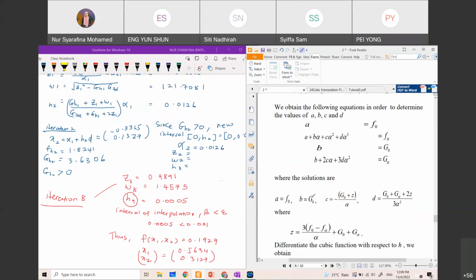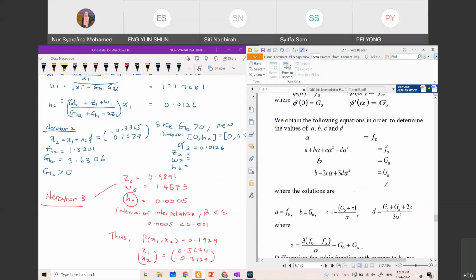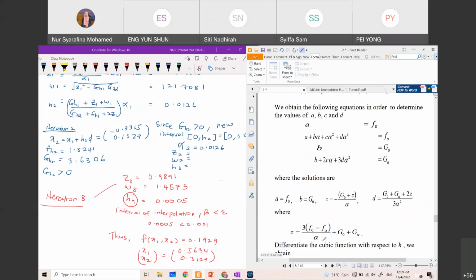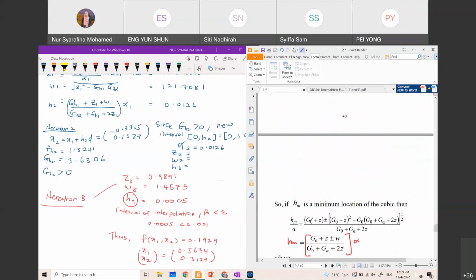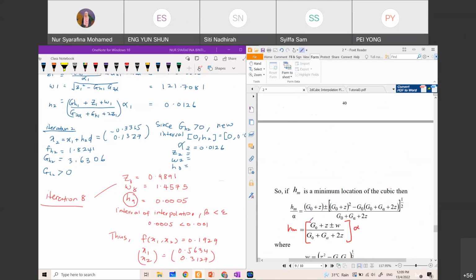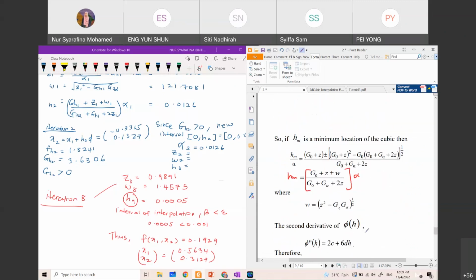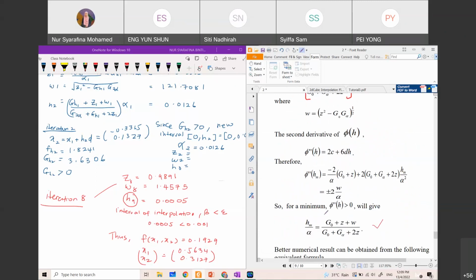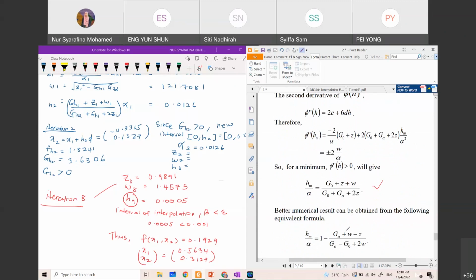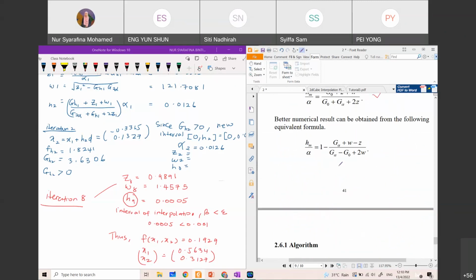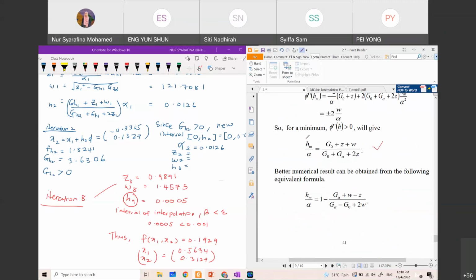Once you can prove the equation here, it actually comes from Z. We want to find Z, W, and so on. Then we can find our HM. We want to actually find HM.